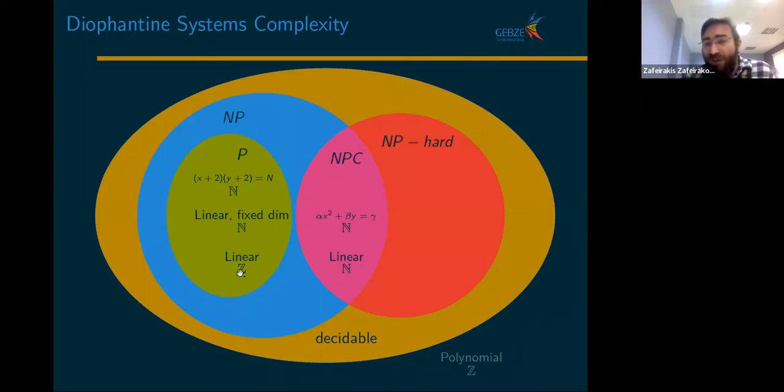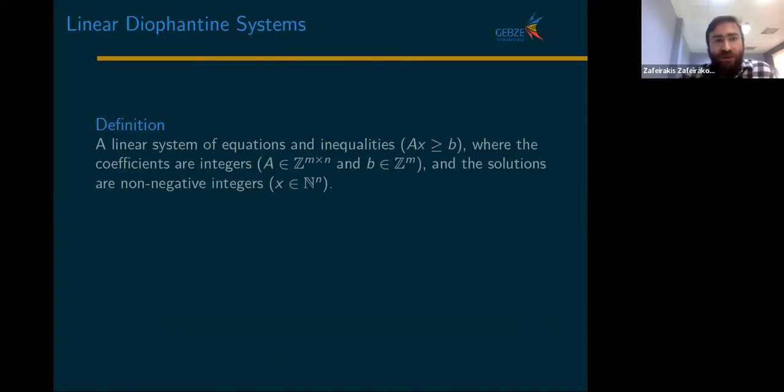A linear problem with integer solutions is solvable in polynomial time by different matrix decompositions. Okay, so it is not totally unreasonable to restrict to linear problems because the complexity is already bad enough. So the formal definition is that a linear system of equations and inequalities where the coefficients are integer and the solutions are non-negative integers is called a linear Diophantine system.